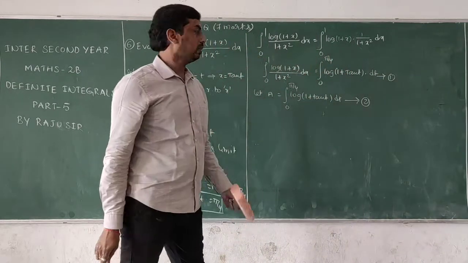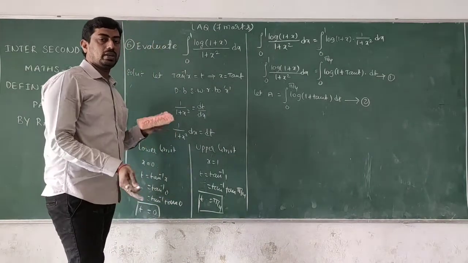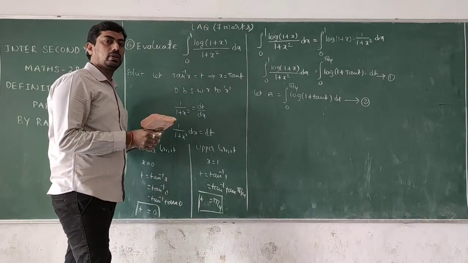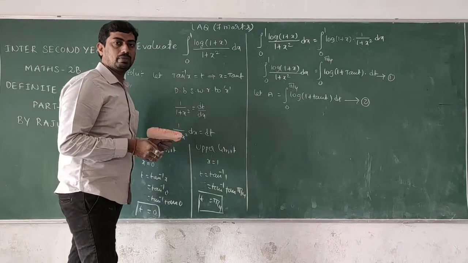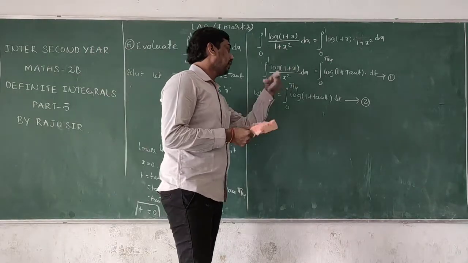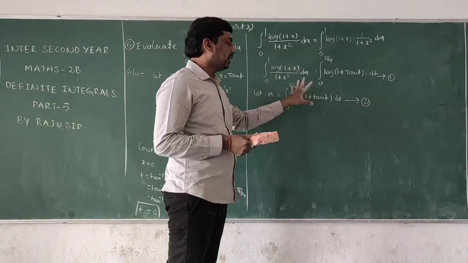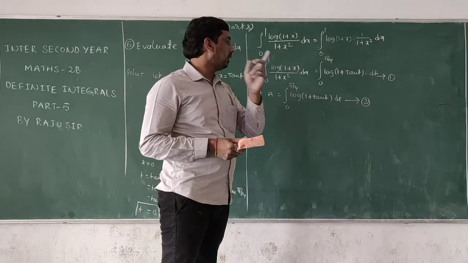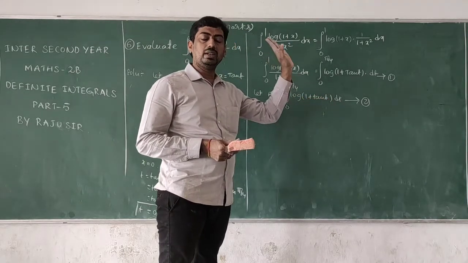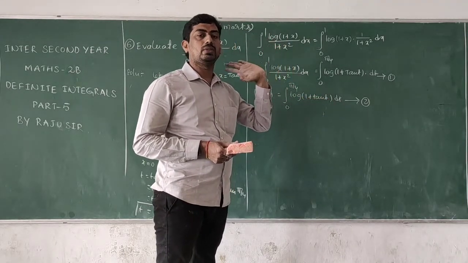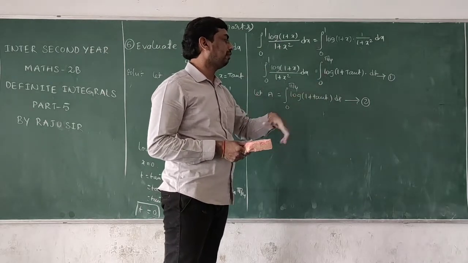Just observe this one. This is the sixth problem. In an earlier class, in the fourth part, I finished the fifth problem. So I repeat again: this one is the same as that fifth problem. In the place of t, we have x there: 0 to pi by 4 of log of 1 plus x dx.